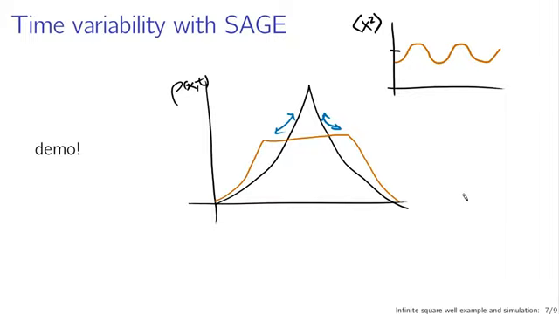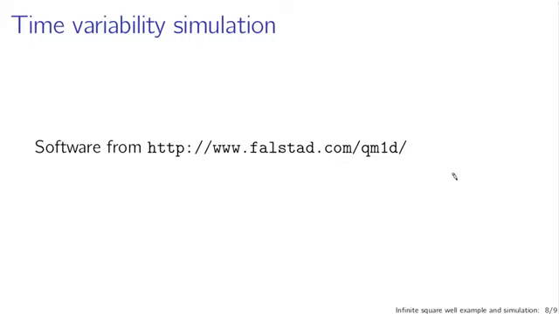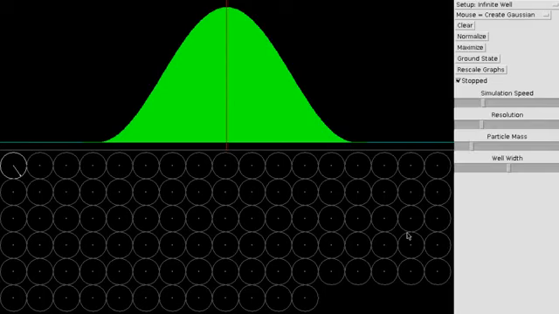To get an even better feel for what the time variability looks like, there's a simulation that I'd like to show you. This comes from Falstead.com, which, as far as I can tell, is a guy who was sick of not being able to visualize these things, so he wrote a lot of software to help him visualize them. Here's the simulation, and I've simplified the display a little to make things easier to understand.